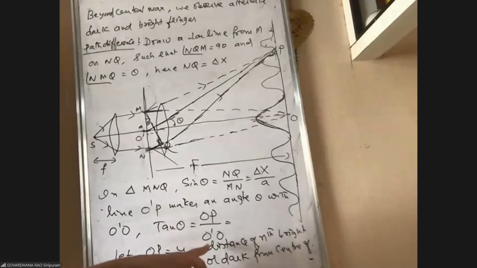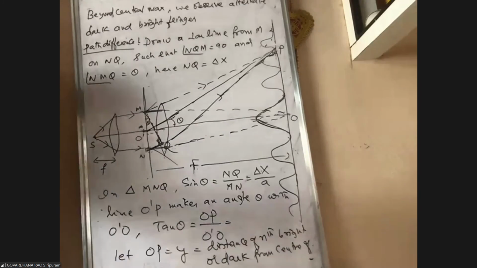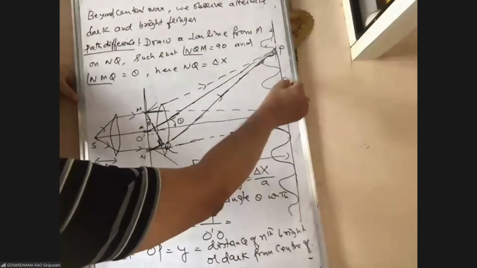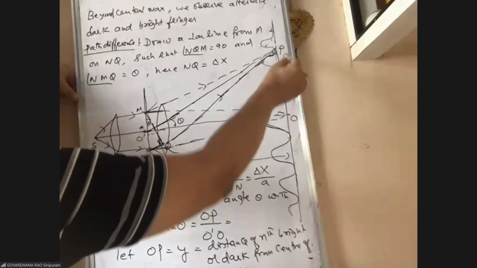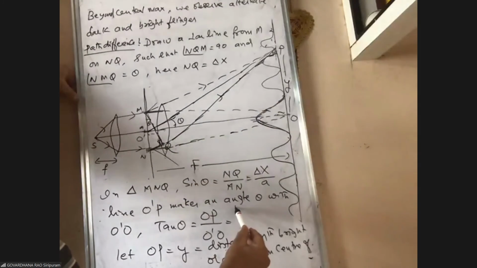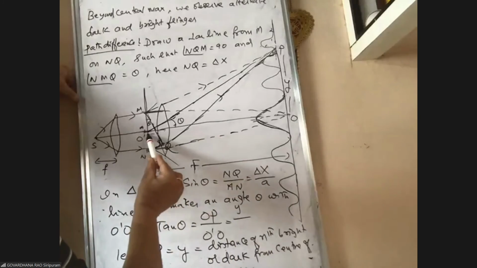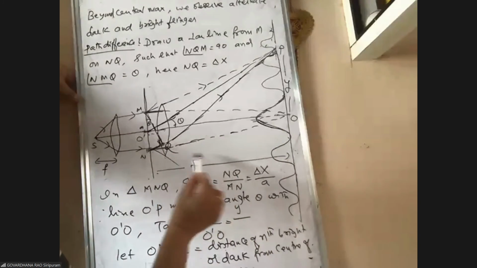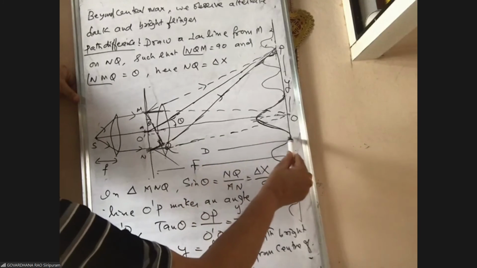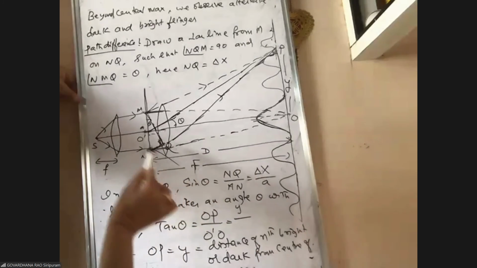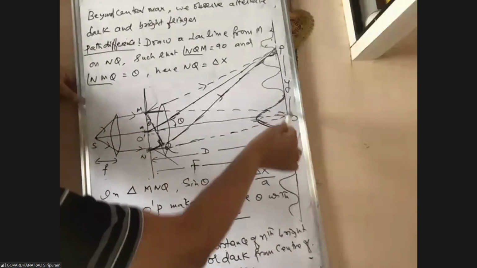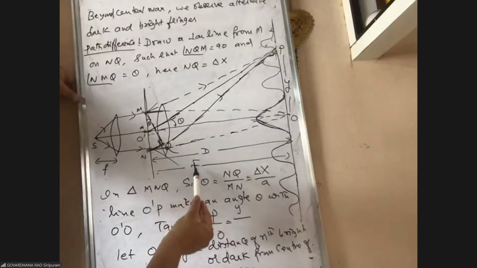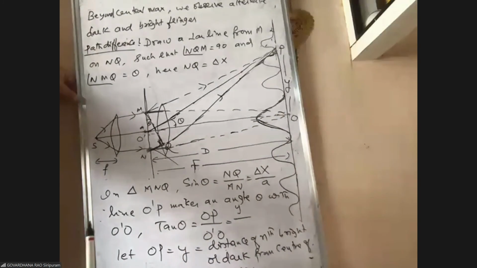So tan theta is OP by O dash O. What is OP? This is Y. Y by O dash O, and O dash O is F as well as D, the distance between slit and screen. Of course, D and F are approximately equal.